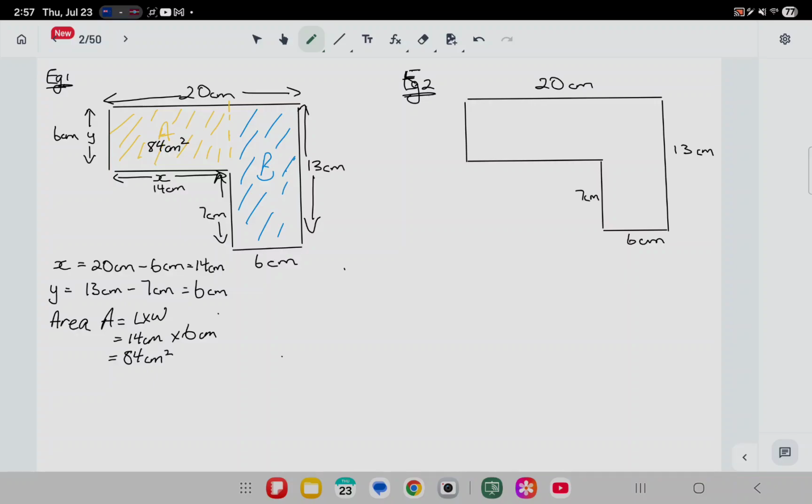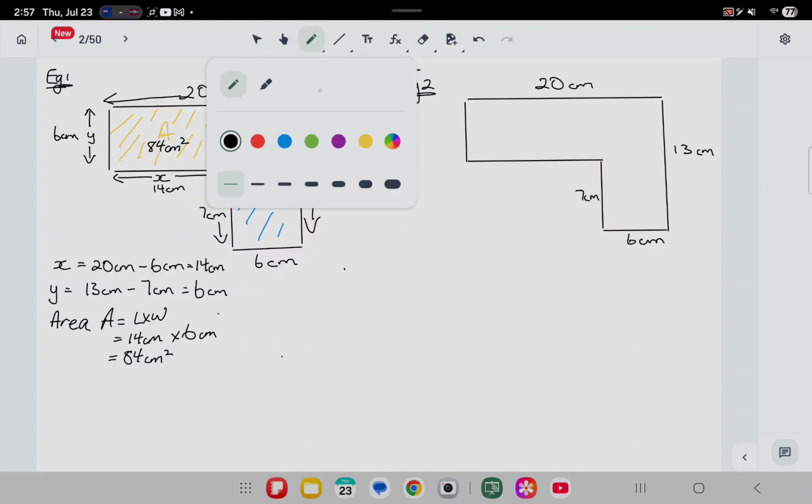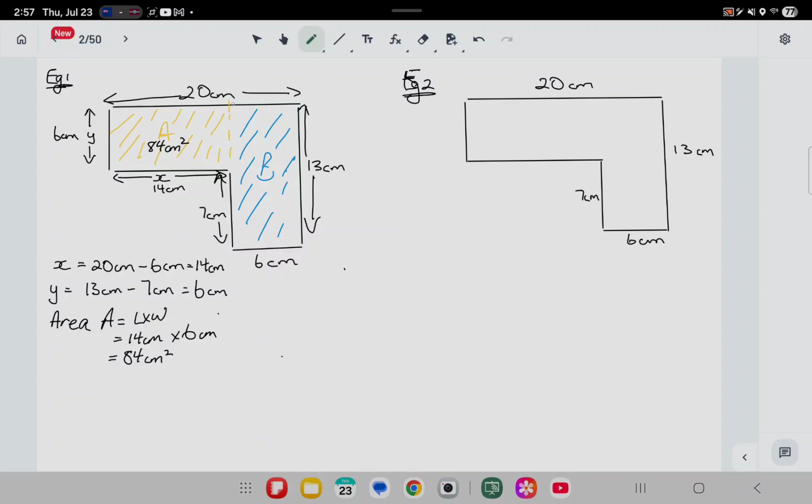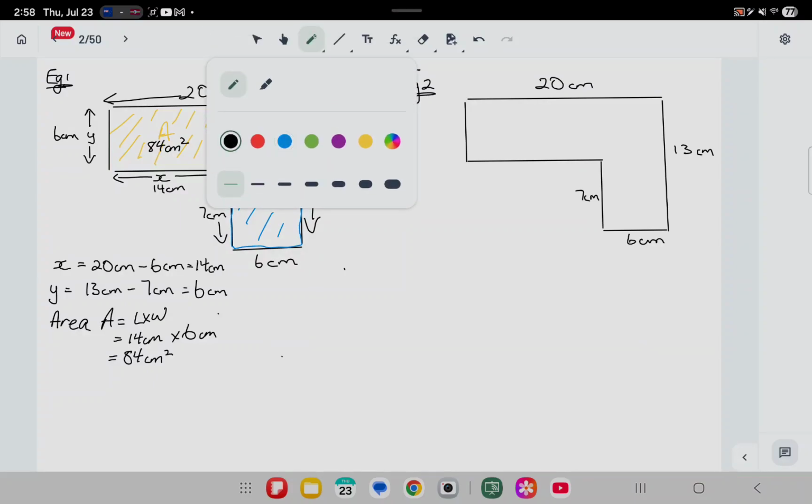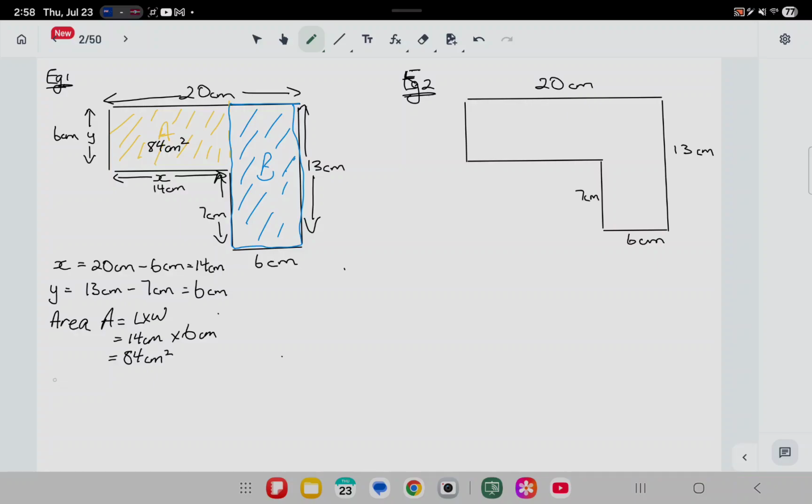Now we're looking at B. B is this entire shape here. Based on the dimensions, B is also a rectangle. We know the length is 13 and the width is 6.